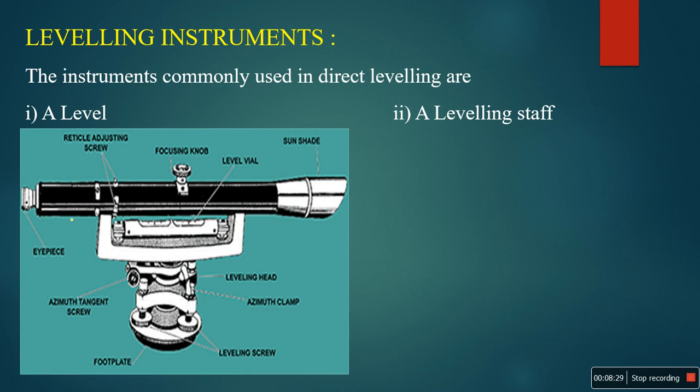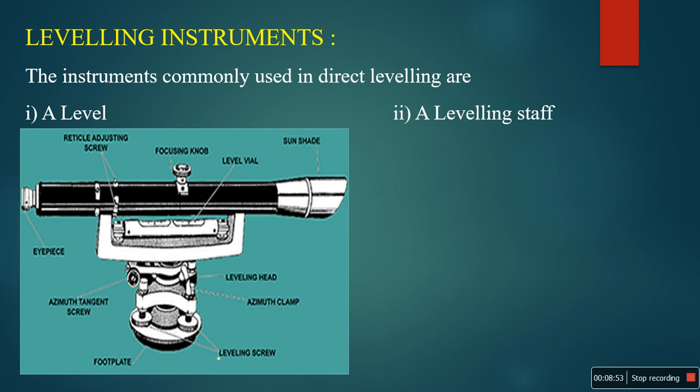Observe here, this is our telescope and this is the spirit level for leveling the instrument or telescope. On this side the eyepiece is attached, and this one is the objective glass. This portion is the leveling head, and there are some screws here.